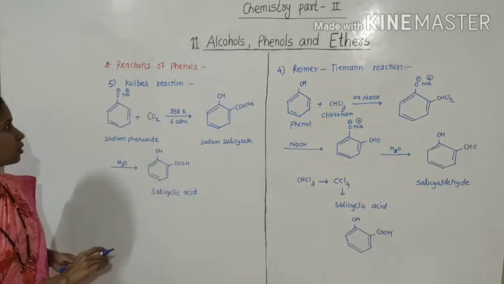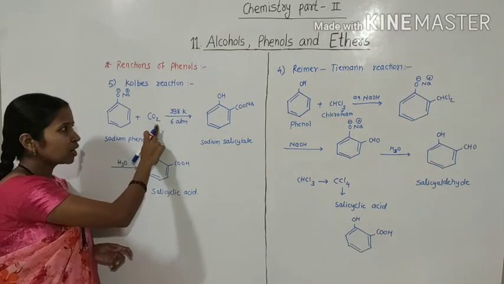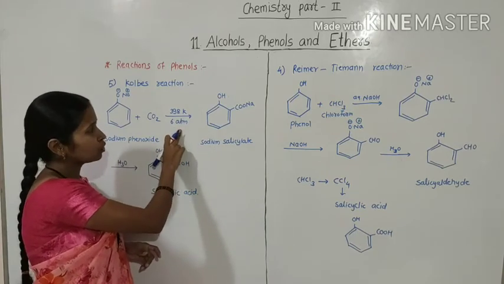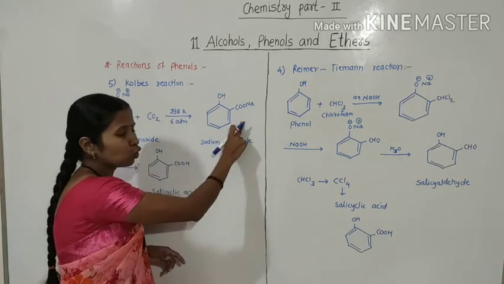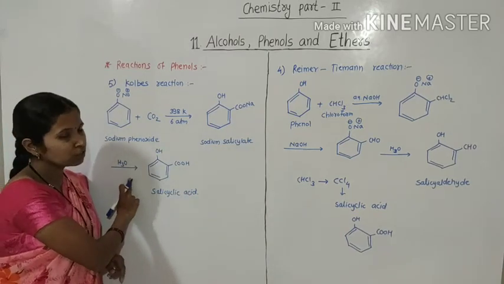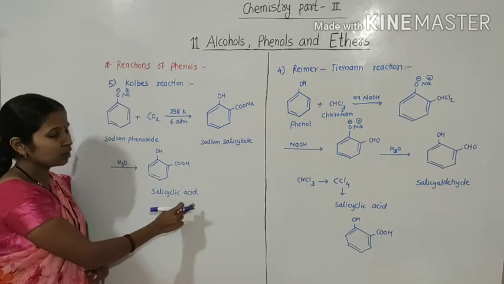Again I repeat, sodium phenoxide under treatment with carbon dioxide at 398 Kelvin and 6 atmospheres forms sodium salicylate, which on acid hydrolysis forms salicylic acid.